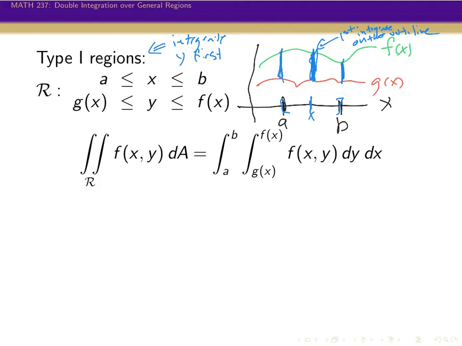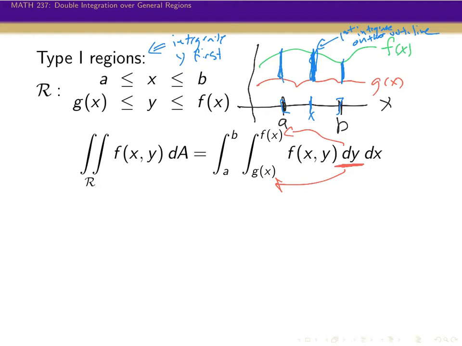The way that we're going to show that we're doing that is we're integrating y first. The bounds for y are functions that contain x in them, and it is okay if we're integrating in terms of y for the inner integral to have x's in them, because then they will flow in and go into our integrand.